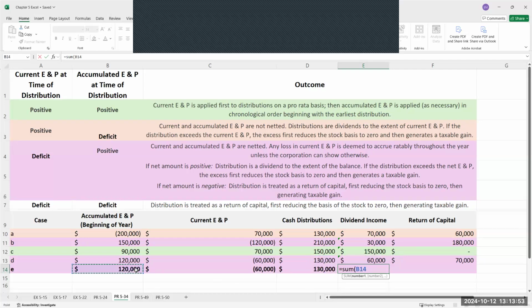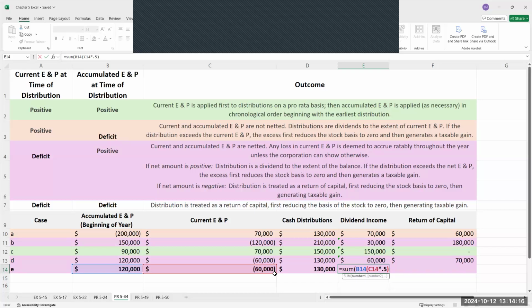The 120,000, and then we would factor in 1/2 of the current E&P, because again, the distribution was made on June 30th as opposed to the distribution being made on the last day of the year.